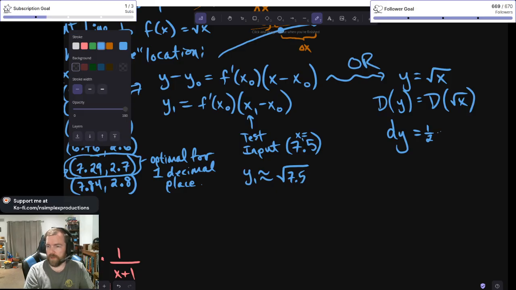Then we multiply by x raised to that power, 1/2, minus 1. So this is going to be a negative 1/2 times the chain rule, which is dx.